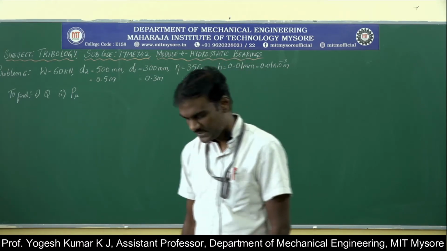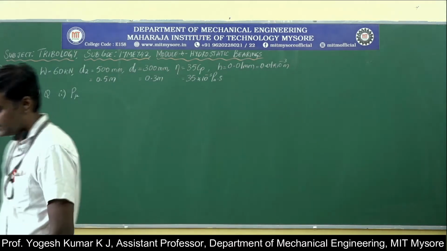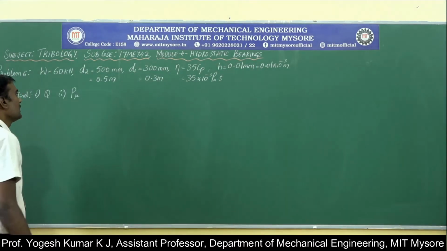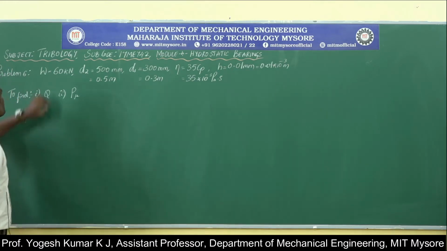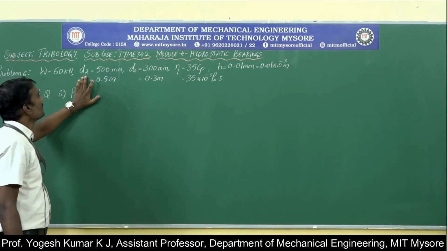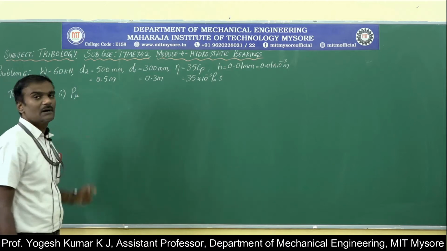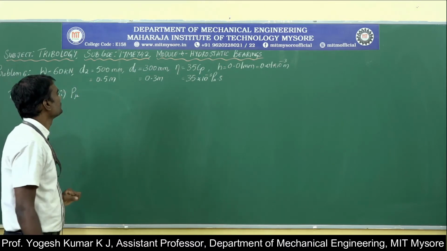So based on the problem statement, let us write down the given data as we have done in the previous problems. Vertical thrust means it is the vertical load that is acting on the bearing, that is W, which is equal to 60 kilonewton. Diameter of the shaft D2 equals 500 mm, which is nothing but 0.5 meters.